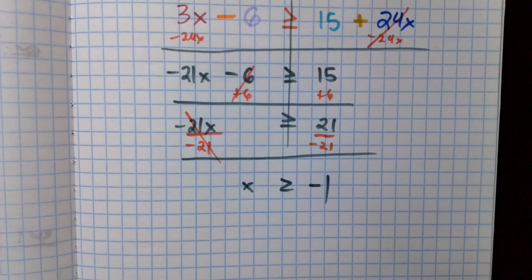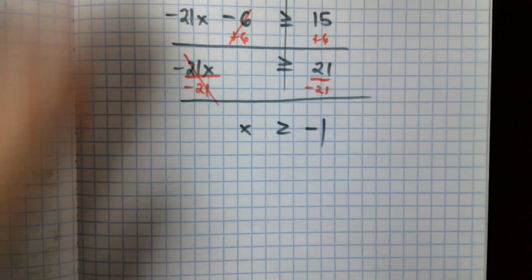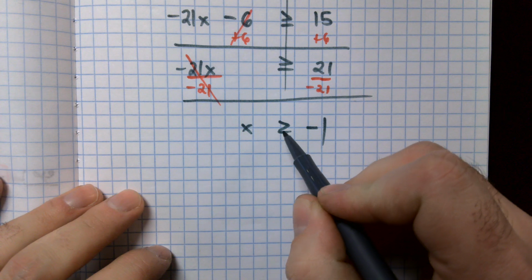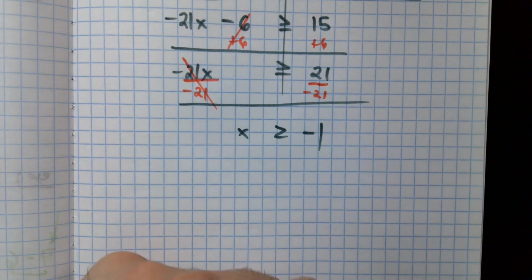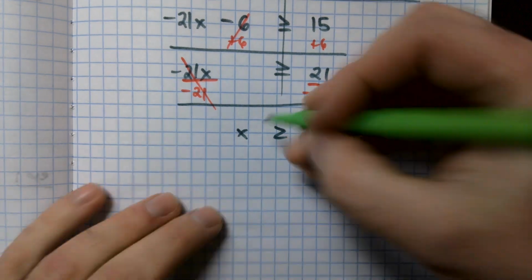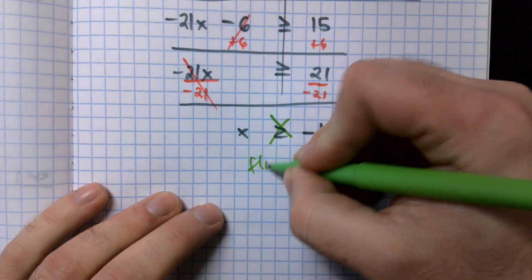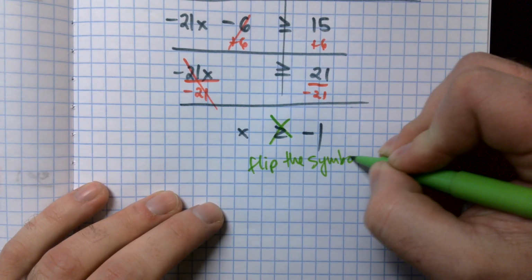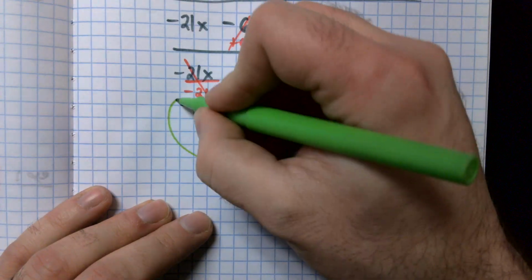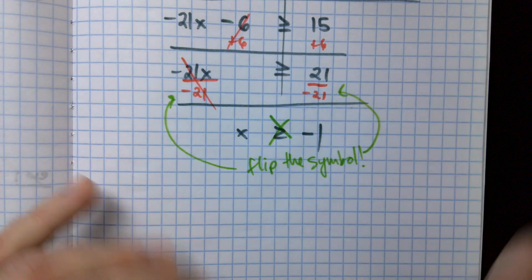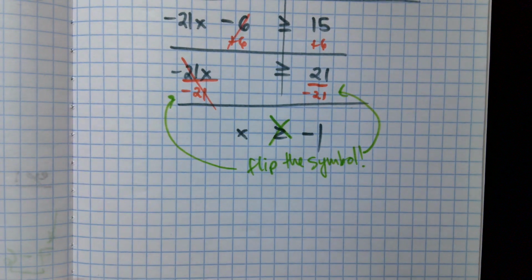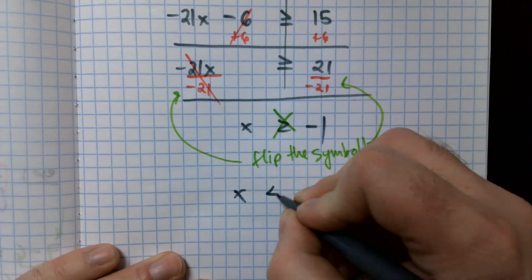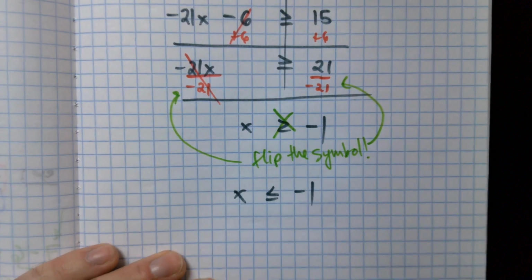I should flip the symbol. Why should I flip it around? Because you divided by a negative number. That's right. Good catch. Flip the symbol. Because I divided by a negative number, my answer is x is less than or equal to negative 1.